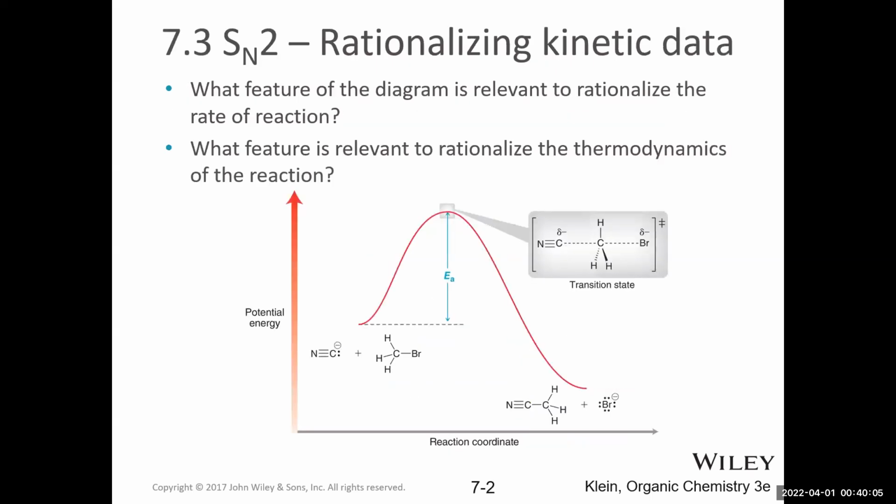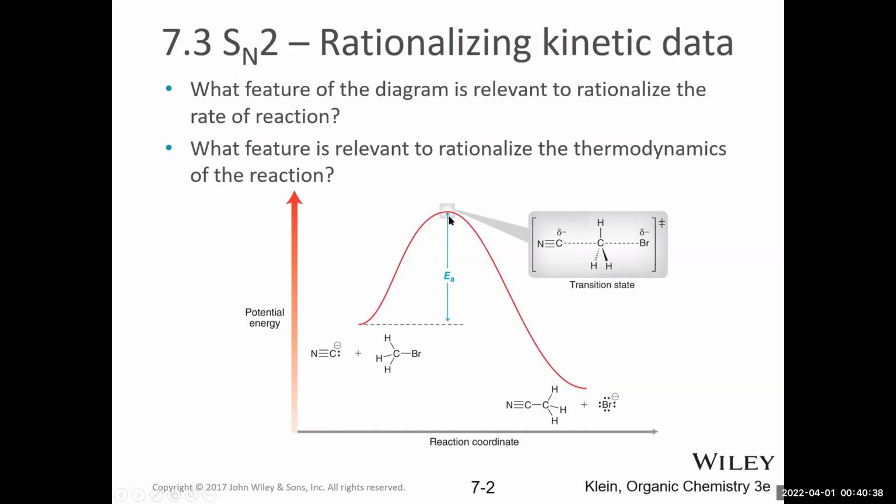So we can see here that when we're talking about the rate, we're looking at the energy of activation. And again, this is just a one-step reaction because we're looking at an SN2 reaction. So recall the nucleophile has to approach the backside of the carbon and start to form a bond as the leaving group starts to leave. So if there is less steric hindrance with the groups attached to the alpha carbon, then the transition state energy is lower.